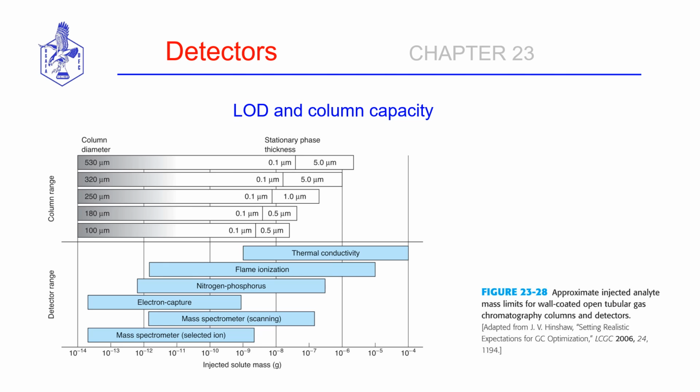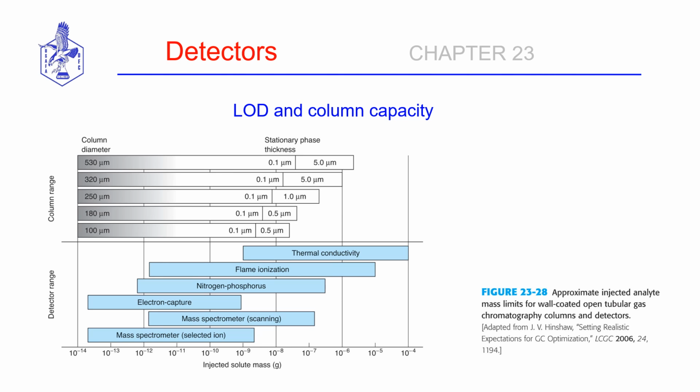Shown in this slide is a nice correlation between our different detectors, along with the stationary phase that is typical for different columns of different diameters. And so one has to consider how much analyte species is coming through and whether or not the detector is able to see, based upon its limit of detection, that quantity of analyte.